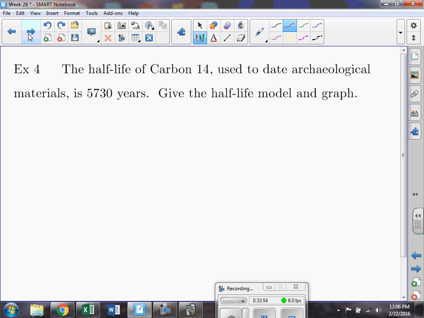The half-life of carbon-14, which is used to radioactively date basically all organic matter, is 5,730 years. Here's the half-life model and its graph. Well, once again, let's run through and plug things in.